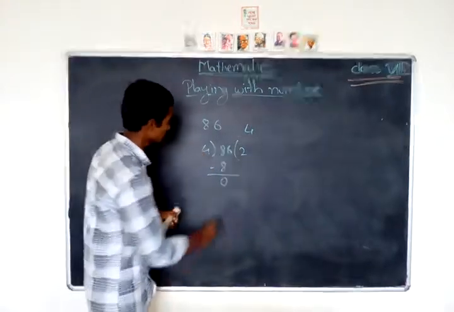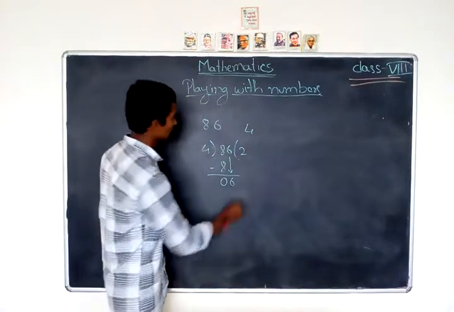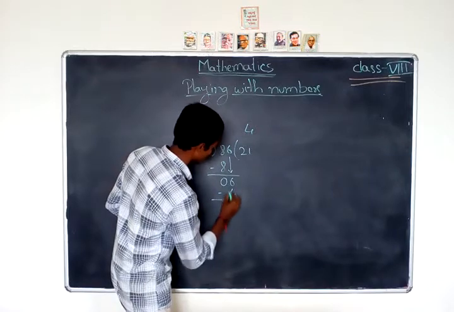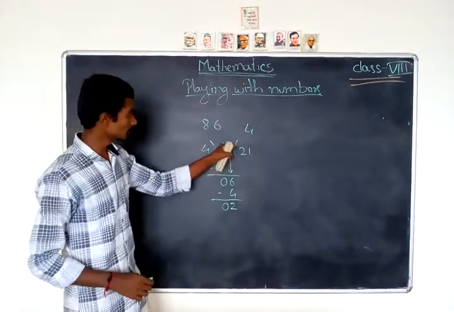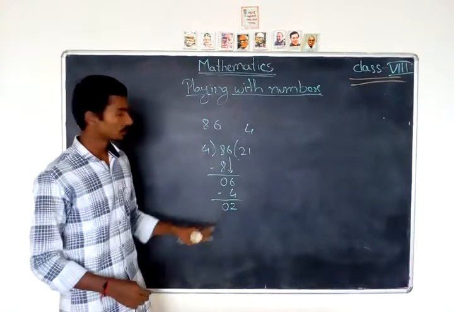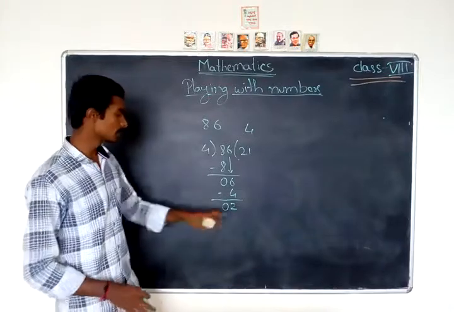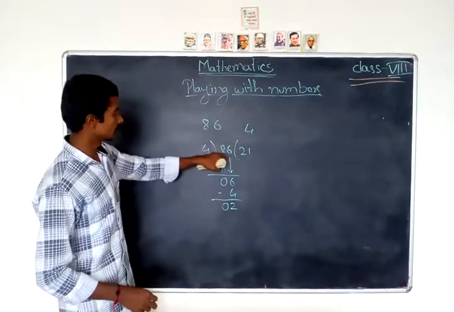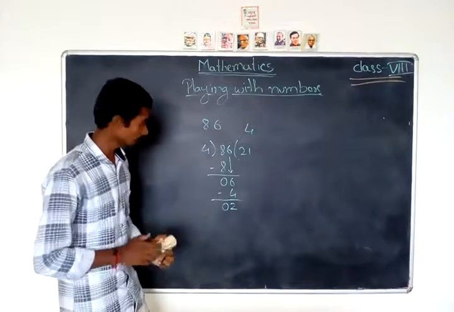We cannot divide 0 by 4, so we will take 6 down here. Now 4 ones are 4. See, there is no other number to take down and divide by 4, and we are left with 2 here. That is, we have got a non-zero remainder. So we say 86 is not divisible by 4.